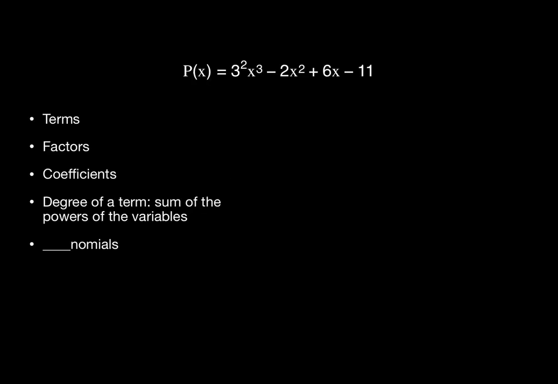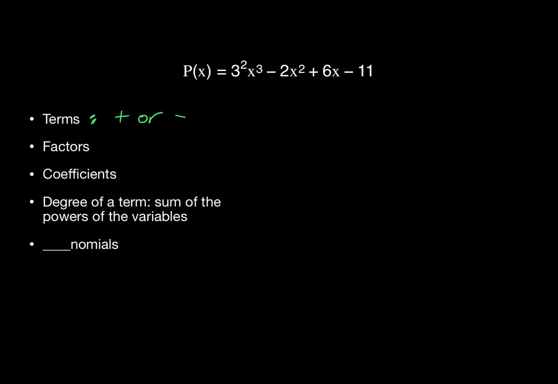So polynomials: poly, multiple, nomials, numbers. Defining some terms if you don't remember what this means. So terms, when we're talking about polynomials, are things that are added or subtracted. So in this case up here, I have 1, 2, 3, 4 terms.